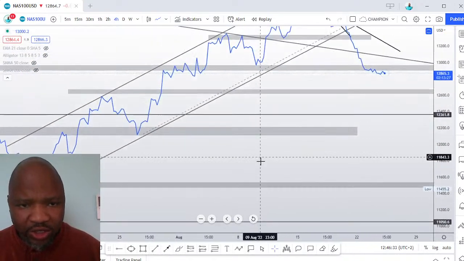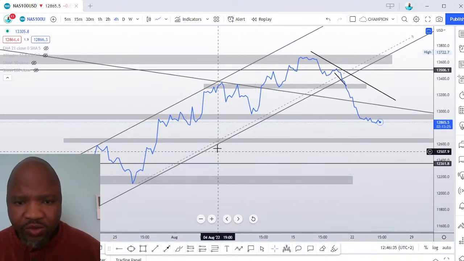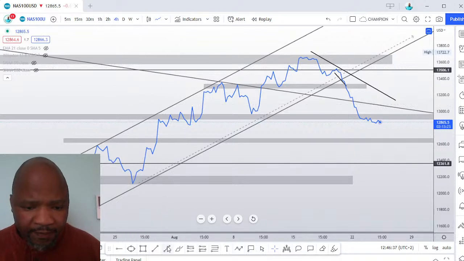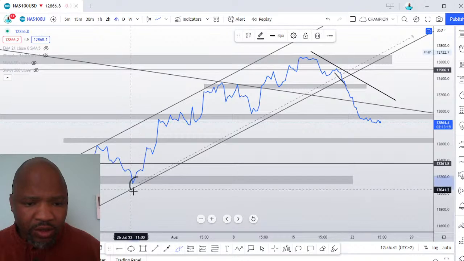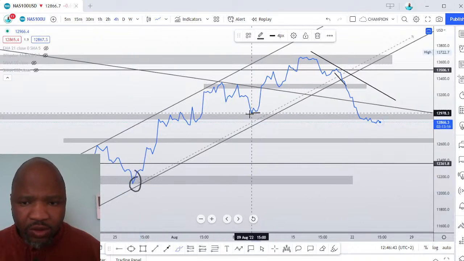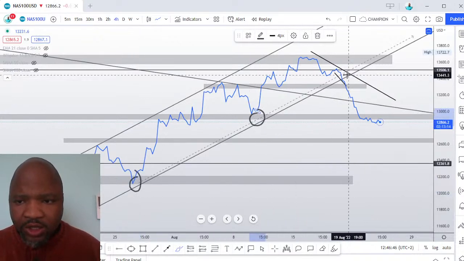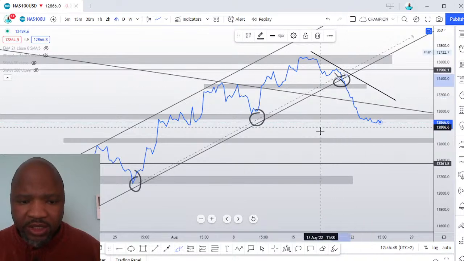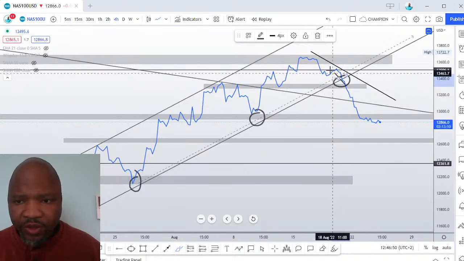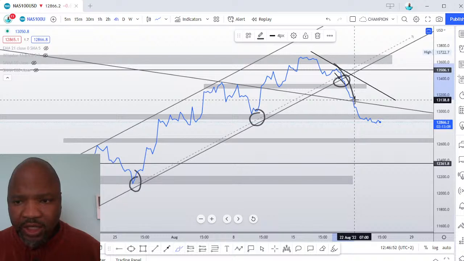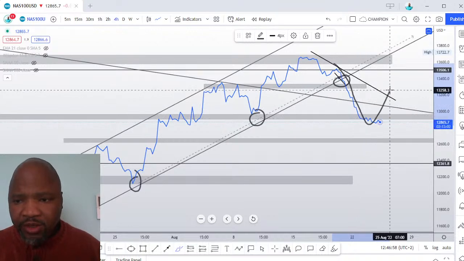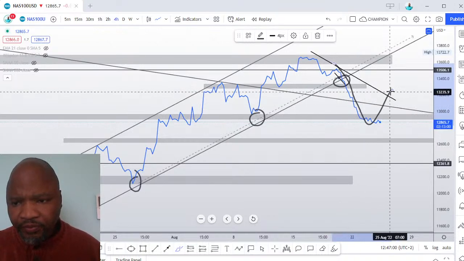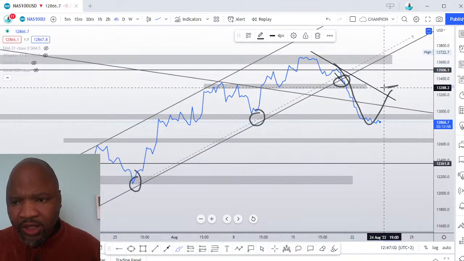Let's go to the chart so that we can witness what I'm talking about. This is our lower low. Instead of presenting another lower low there, the price broke out of the character, out of the trend, to change the character, and now it's about to form a higher low.